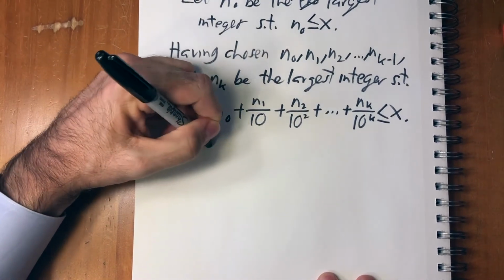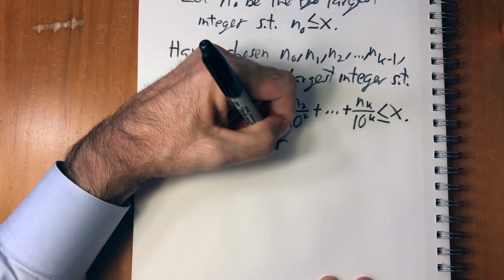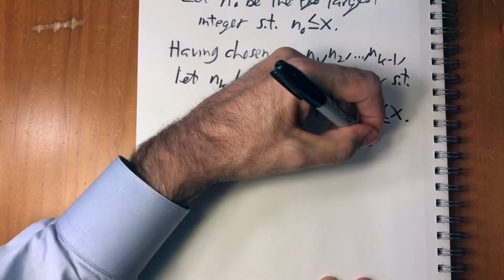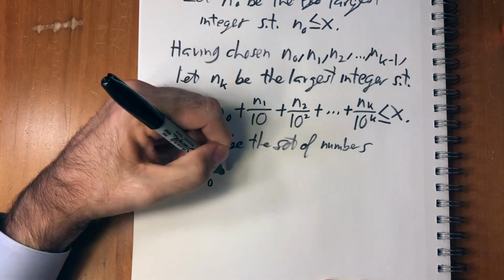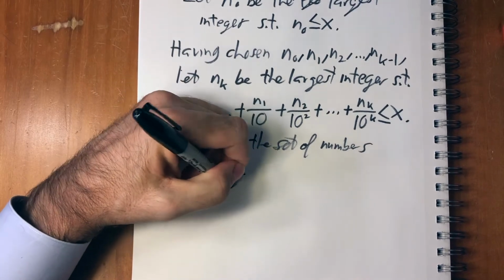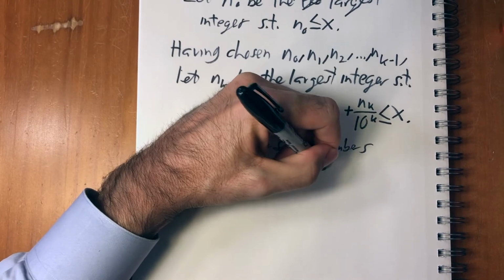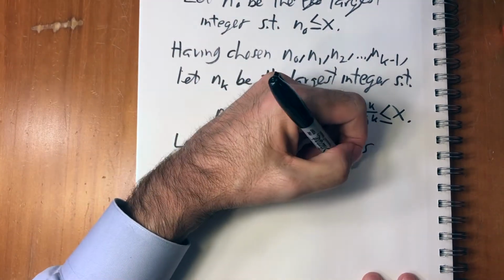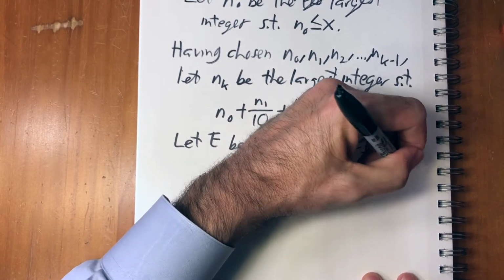And let E be the set of these numbers for k equals 0, 1, 2, and so on.